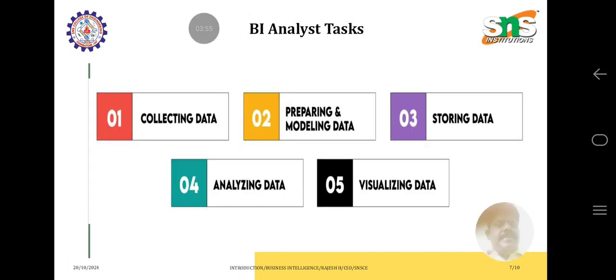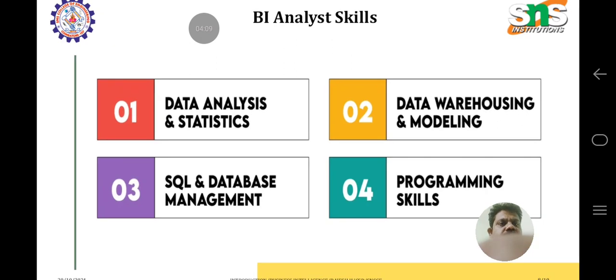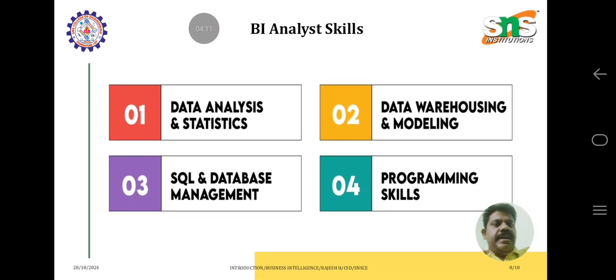The business intelligence analyst's tasks, most of the time, would be collecting data, then preparing and modeling the data, then storing the data, then analyzing the data, and then visualizing the data as the last step. Now look at the skills of a business analyst. Every business analyst has technical skills as well, not only computer skills.